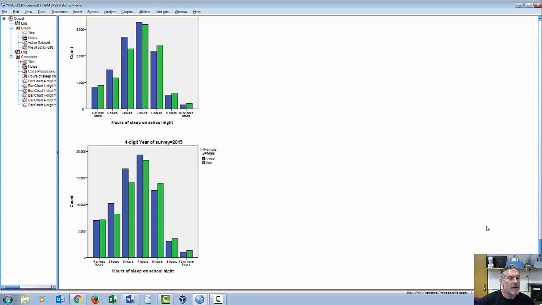Now let's look at male versus female. Could we recode this data, or select cases, to look at where the interesting aspects of male and female are? How could we either recode sleep or make it into a variable that we could look at?